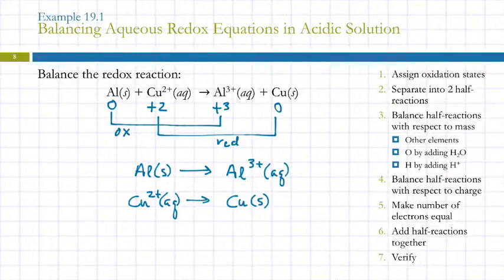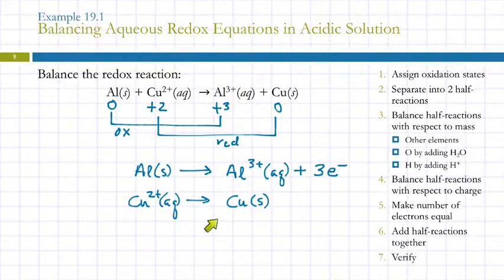We can only add electrons, but you can add them to either side. So I'm going to need to add electrons to the product side. And because I need the charge to be 0 overall, because it is 0 here, I need 3 electrons over there. Everybody okay with that? Now the charge is balanced too.